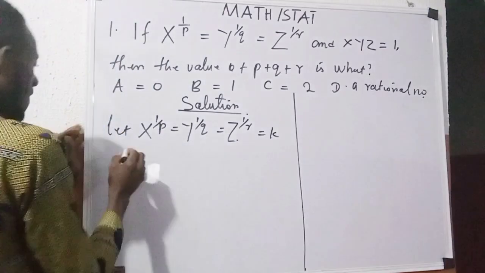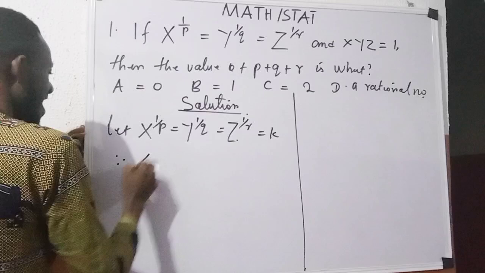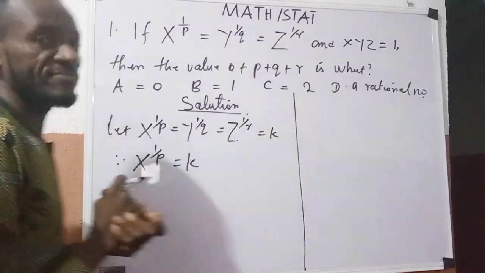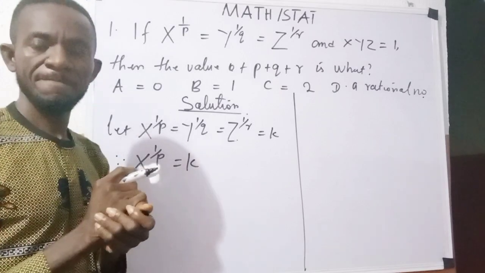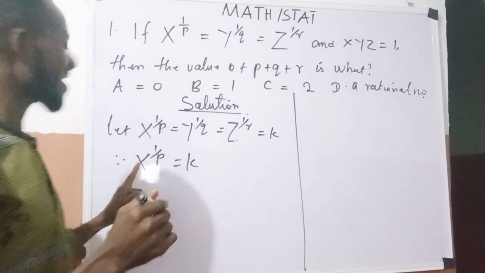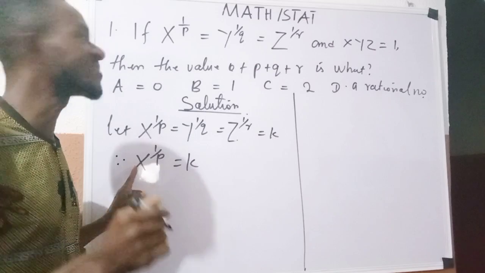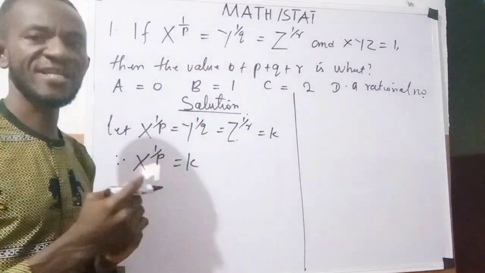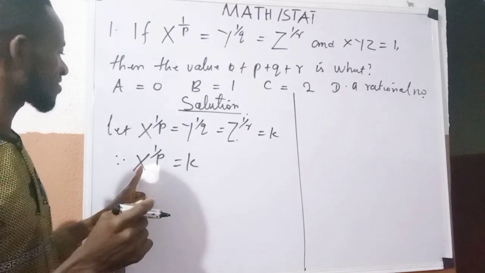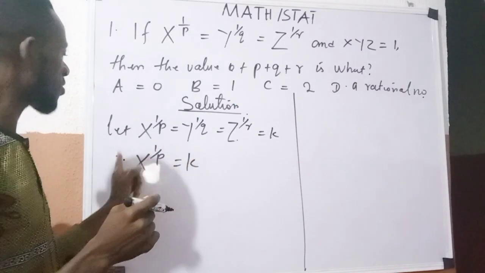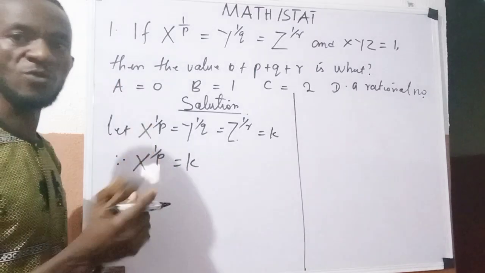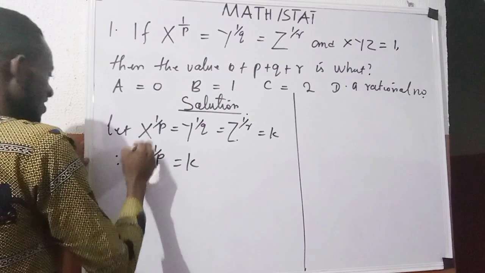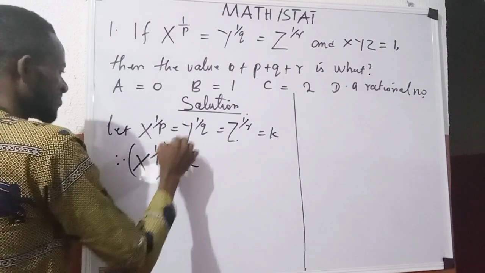So you now say therefore, my x raised to power 1 over p equals k. For you to make x stand all alone, because the interest here is I want to make x stand alone, y stand alone, and z stand alone, I am now going to raise both sides to the power of p.